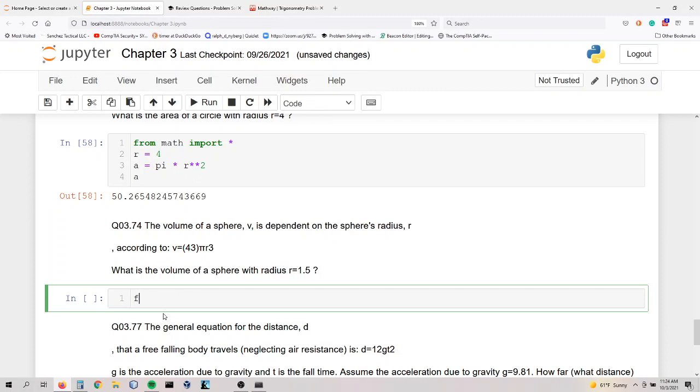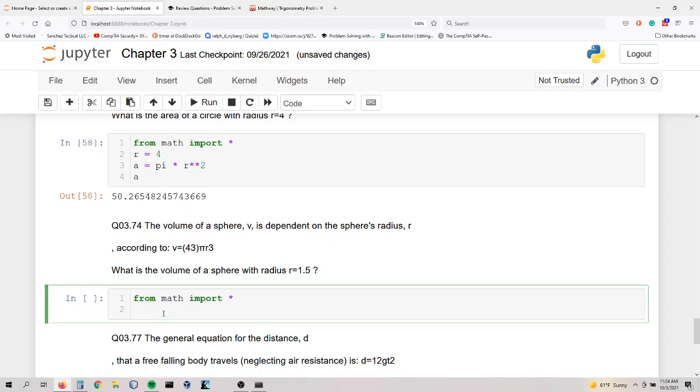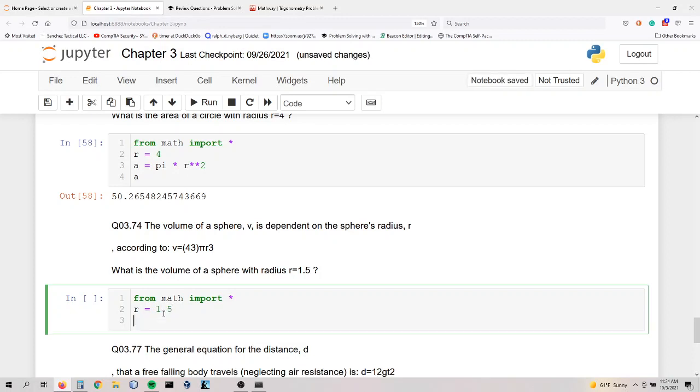So we'll pretty much copy what we did on the other problem, right? We're going to change the formula we're using a little bit, but let's go ahead and just do an r real quick. So r is equal to 1.5, that'll be our radius. So we could say volume is equal to 4 divided by 3 times pi times r to the third power.